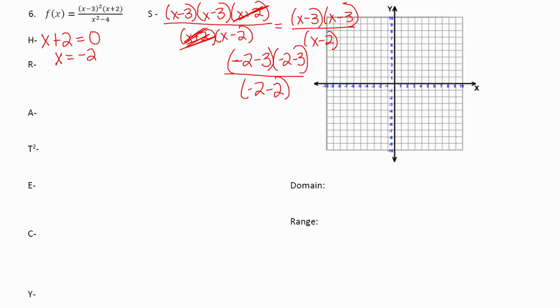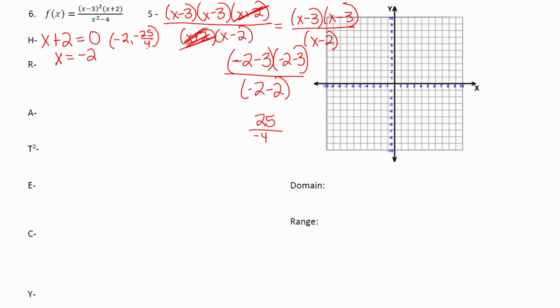I'm going to get -5, so the top will turn into 25 once I multiply, right? Bottom, I'm going to get -4. -25 fourths does not simplify, so my ordered pair of the hole on this graph is -2, comma, -25 fourths.